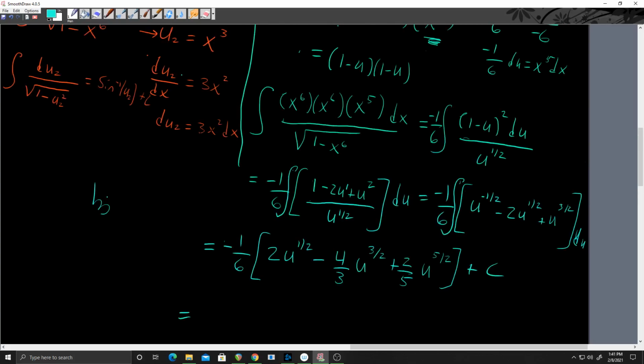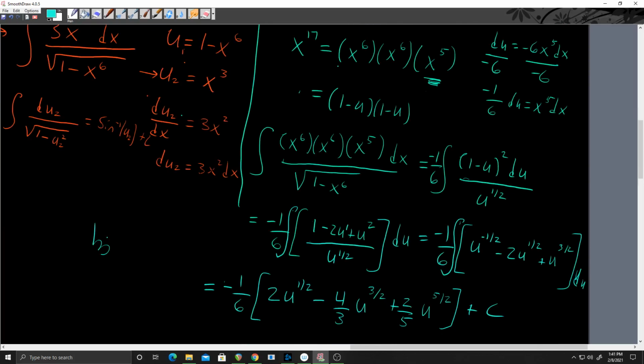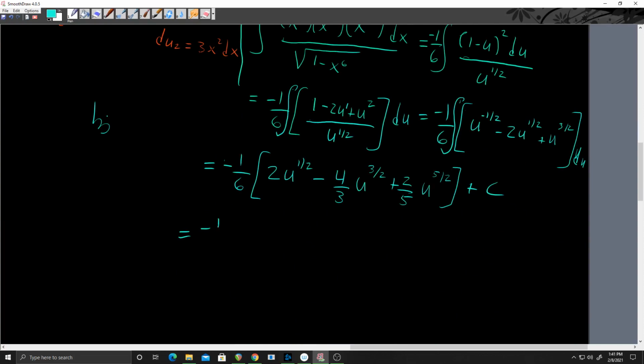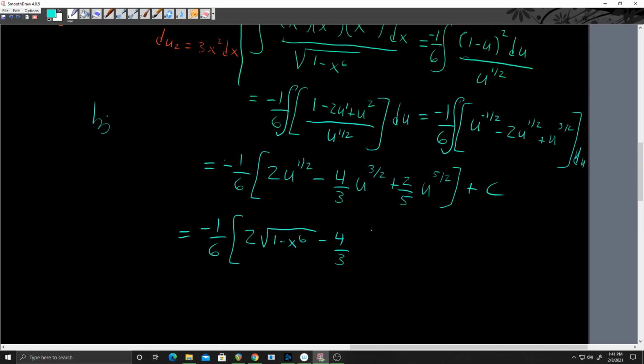So u is 1 minus x to the 6. So we wind up with negative 1 over 6 times 2 square root 1 minus x to the 6 minus 4/3. And then this is 3 halves, so we can simplify that. It's going to be minus 4/3. And then we can pull a u out.